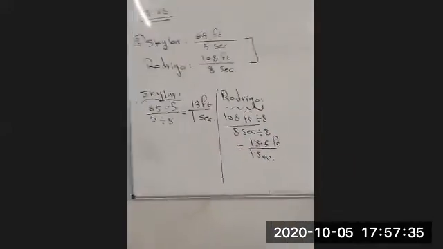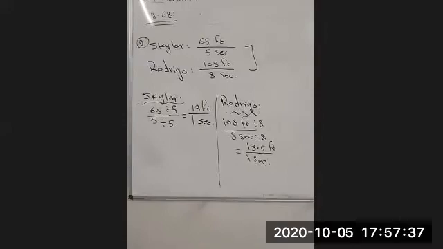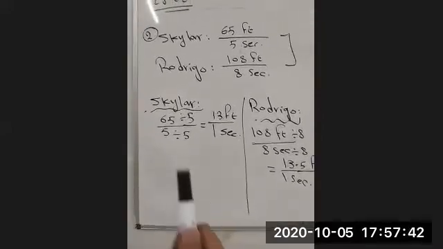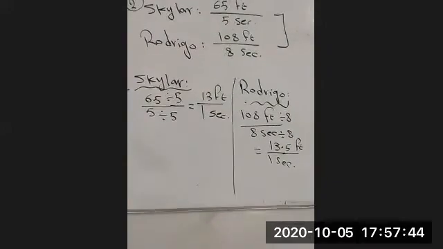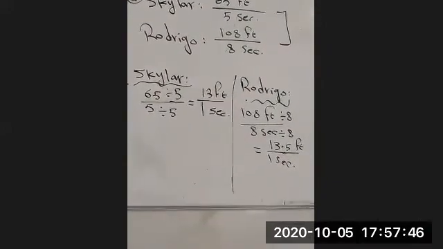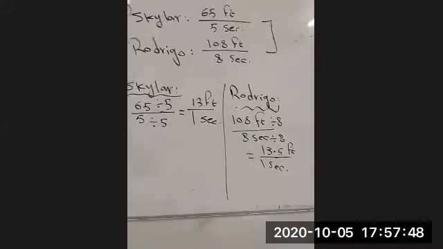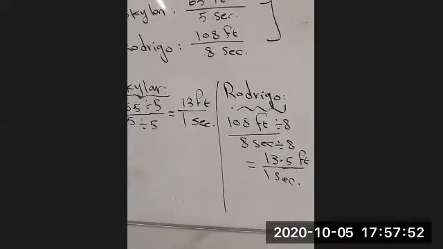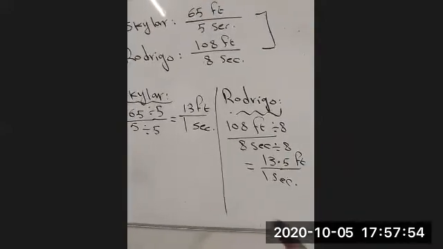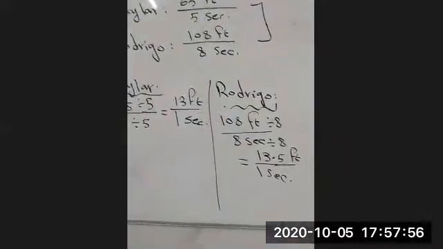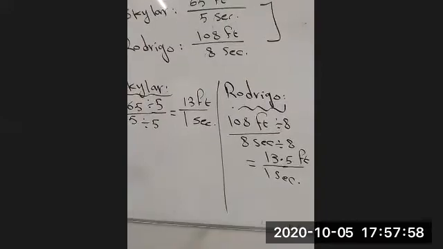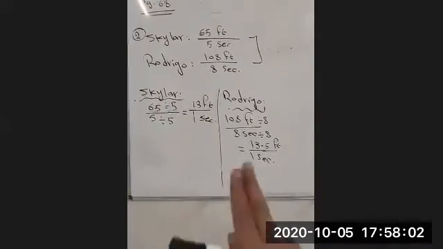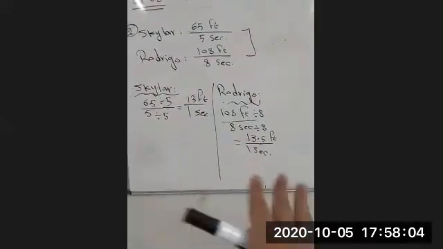Now I will ask you some questions and you will answer me. How many feet does Skylar travel in 1 second? 13 feet in 1 second. Rodrigo in 1 second? 13.5 per second. Who can travel more in 1 second, Rodrigo or Skylar? Rodrigo. By how much more? 0.5, half a foot. How do we get the half foot?